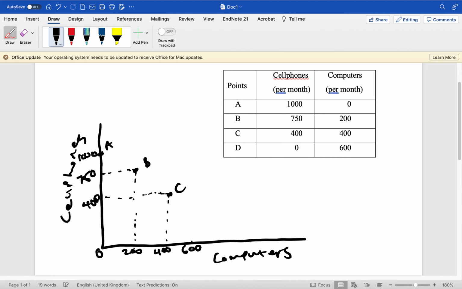And where we are producing 600 units of computers per month, we will be producing 0 units of cell phones. That is point D. Now we just need to join those dots.